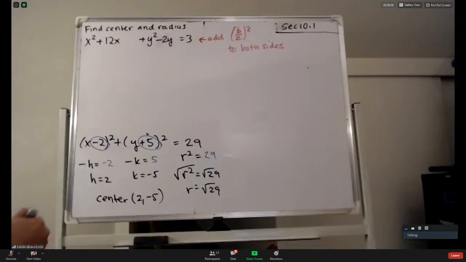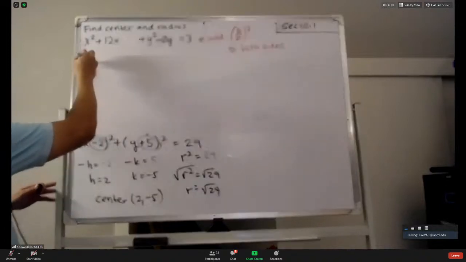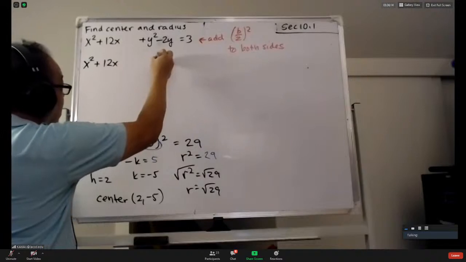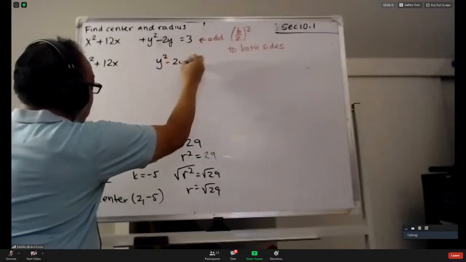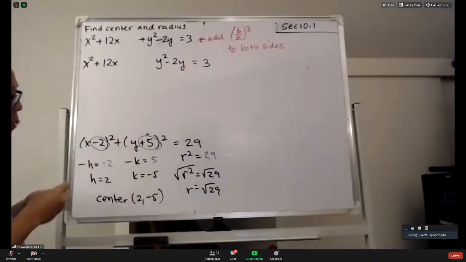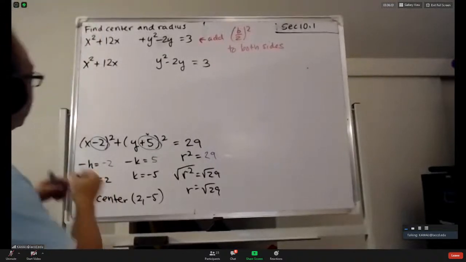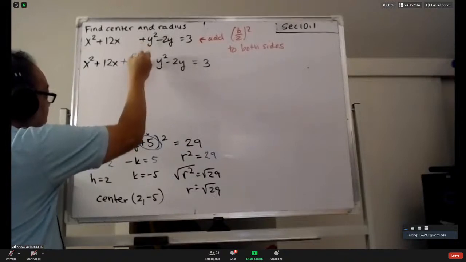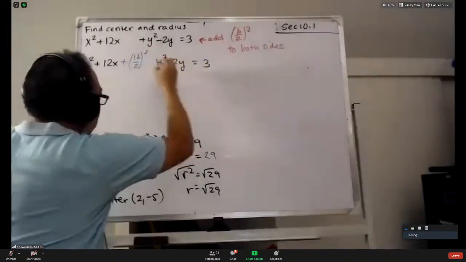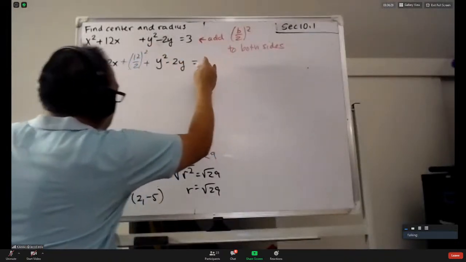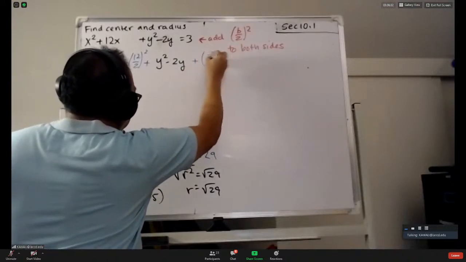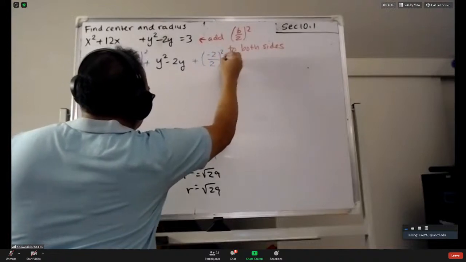So let's add the b divided by 2 to both sides. So I'm going to add the 12 divided by 2 squared. Then over here, I'm going to add the minus 2 divided by 2 squared.